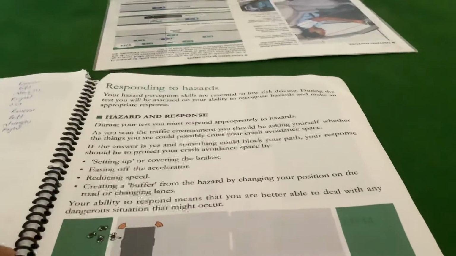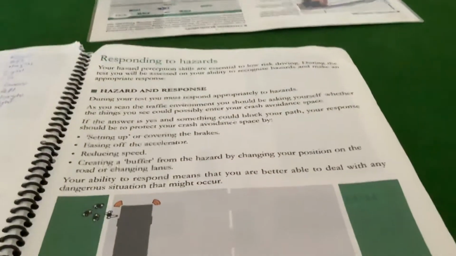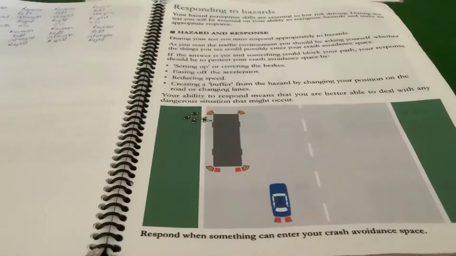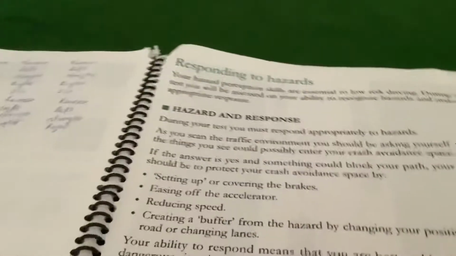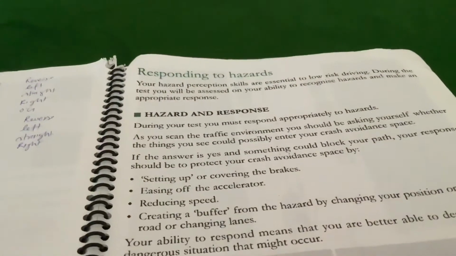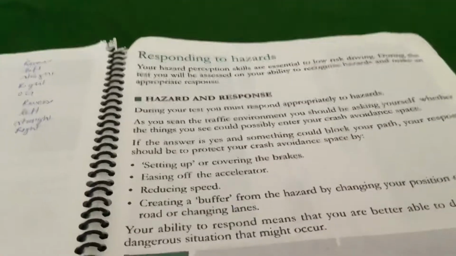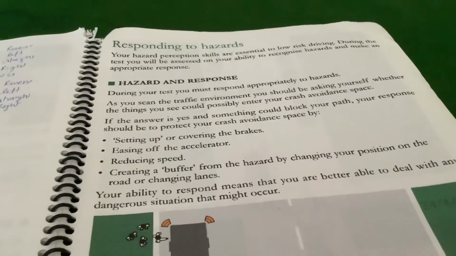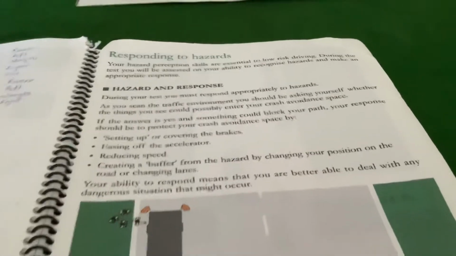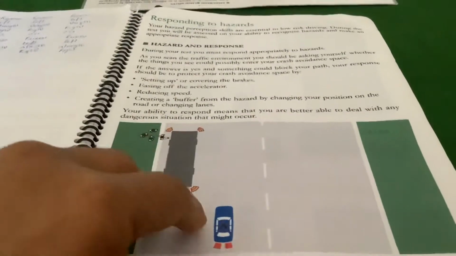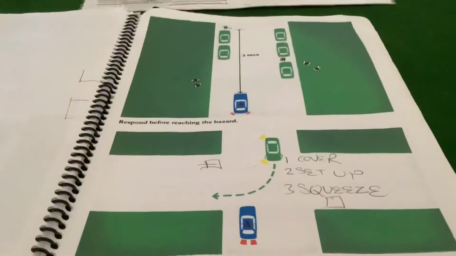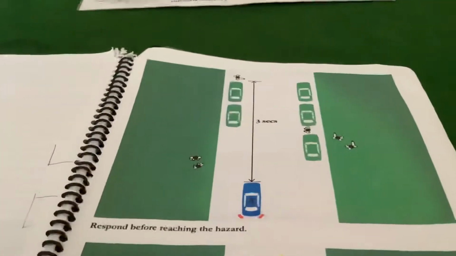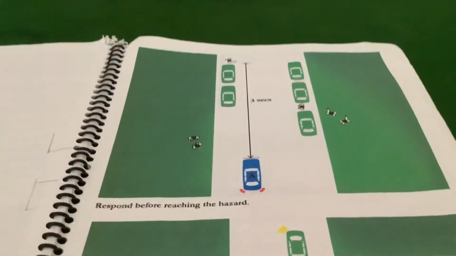Also in the test, you must be able to spot and respond to hazards. For example, whether to just set up, whether covering is enough, whether to ease off extra or reduce speed, or create a buffer from the hazard by changing position on the road or changing lane. In this situation, just cover and set up a little bit, because a pedestrian might come over there. With a 3 seconds range, if there is any hazard, maybe reduce a little bit.